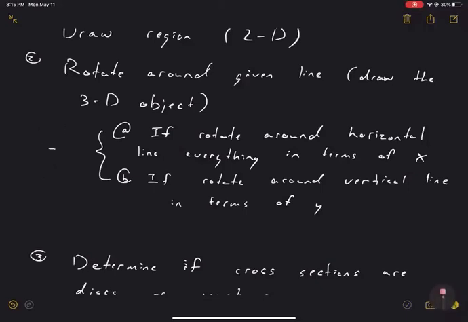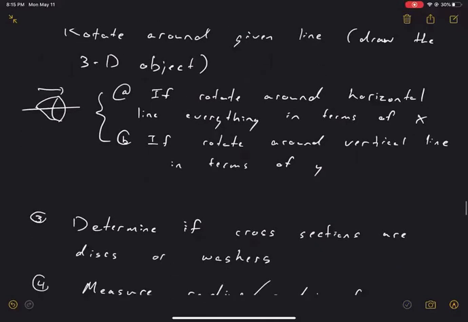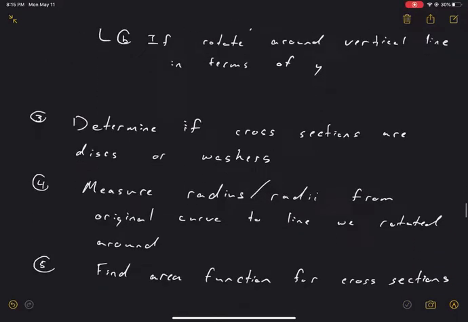It turns out that when I have an object rotated around a horizontal line, I'm going to do everything in terms of x. My integral is going to be in terms of x, and so on. And if I rotate around a vertical line, I'm going to do everything in terms of y. I'm going to integrate in terms of y. We'll see that more later, but for now, just memorize this rule. If we rotate around a horizontal line, everything's in terms of x. If we rotate around a vertical line, everything's in terms of y.